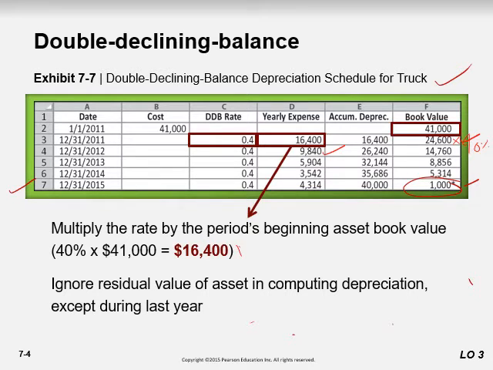So at the end the depreciable value would be, so you see at the end of the 4th year, the value is 5,314, and if you multiply it with 40%, what is the answer here? Answer is 2,126 approximately, right?